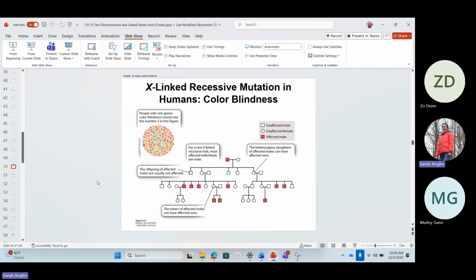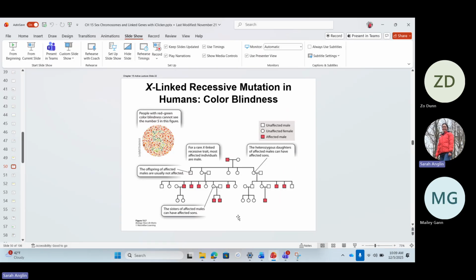X-linked recessive mutations in humans, color blindness. We see in this pedigree chart that this is an X-linked recessive mutation or trait that we're following. Why? Well, remember, when it comes to X-linked recessive mutations, females can be affected, but it's a lot rarer for them because they have to have both X's carrying the mutant allele.